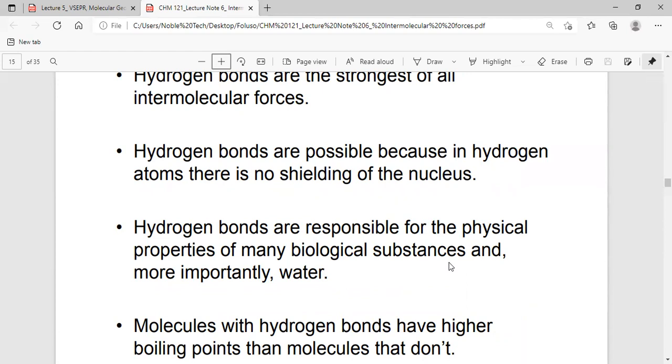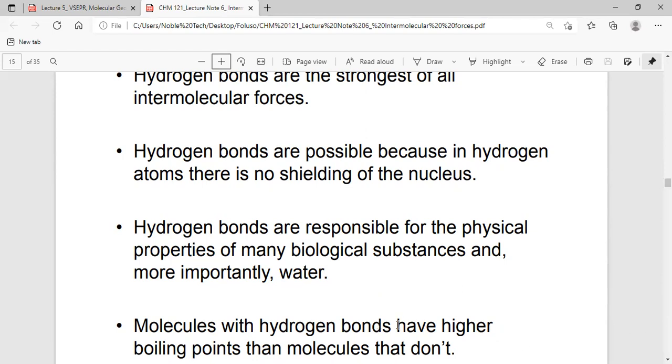They interact based on hydrogen bonding. You have formation of hydrogen bond in amino acids to give what we call the DNA in living systems. It's also responsible for the value of water, the importance of water, and the usefulness of water.